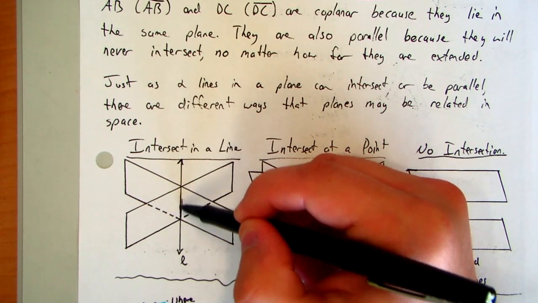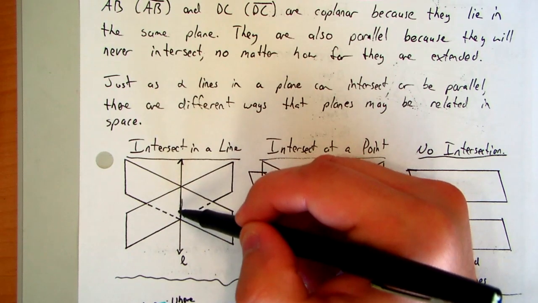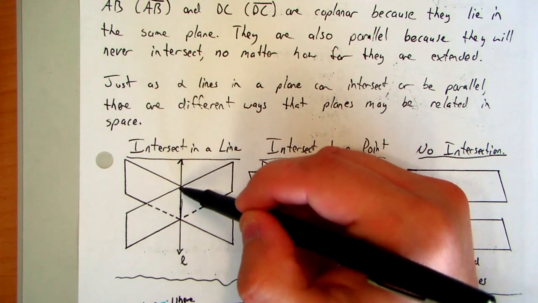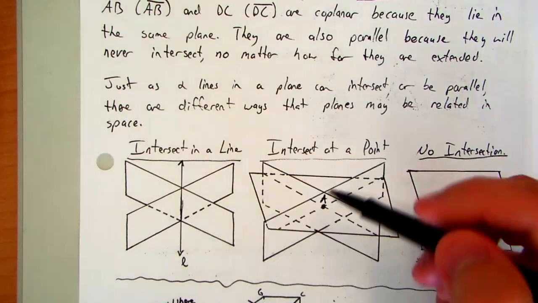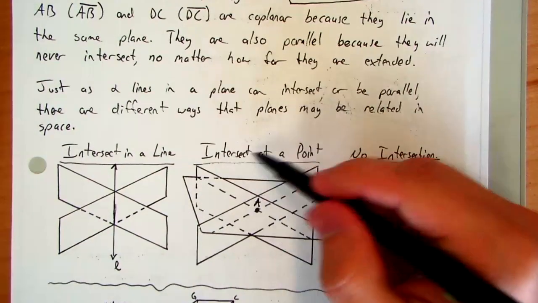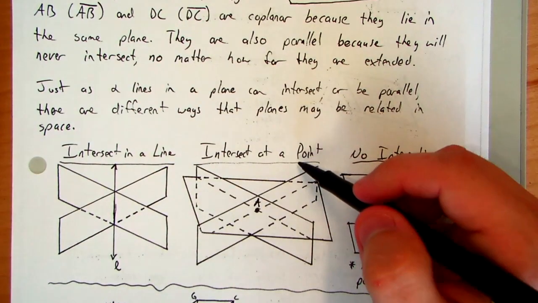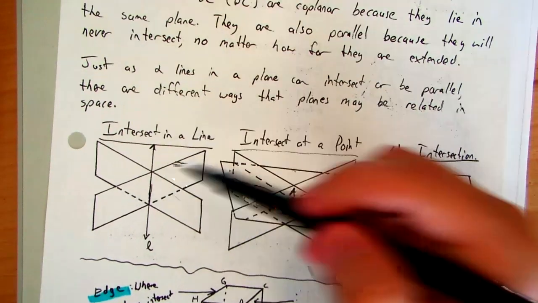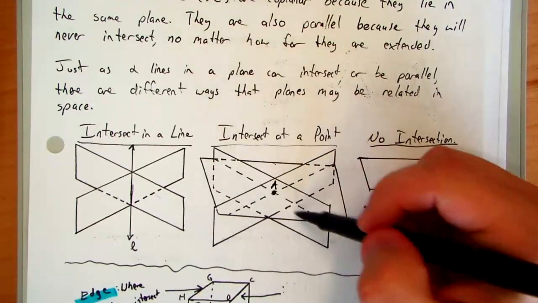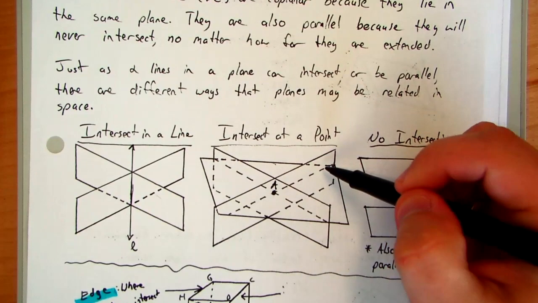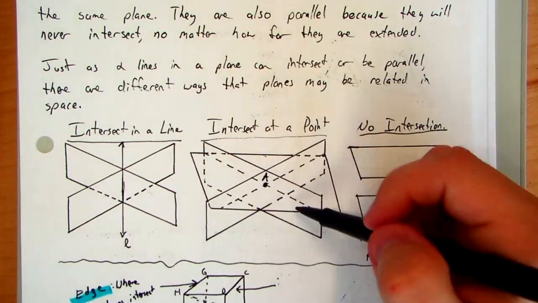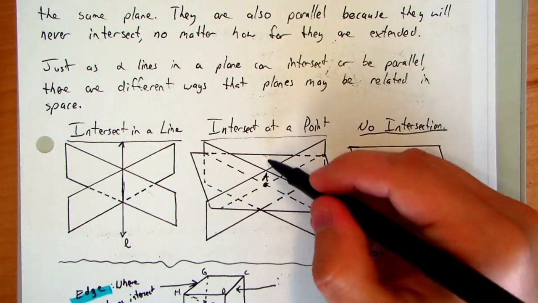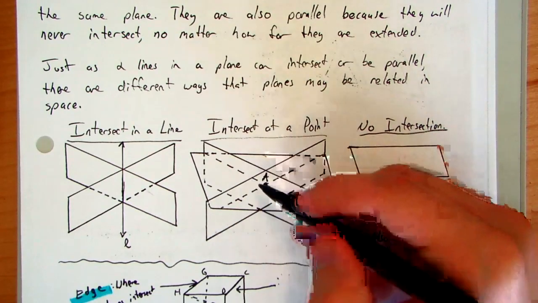We could also have them intersect at just one specific point. So we could have these two planes, and we could also have a third one that cuts through everything. The only place where all three of those would meet would be at this specific point here. And we'll talk about what that point is called as well.